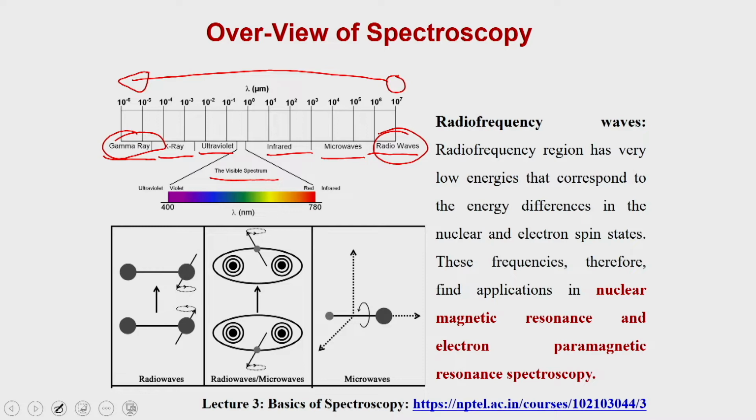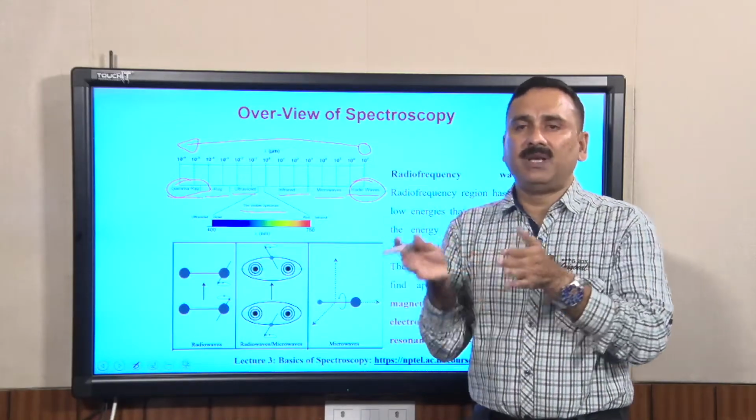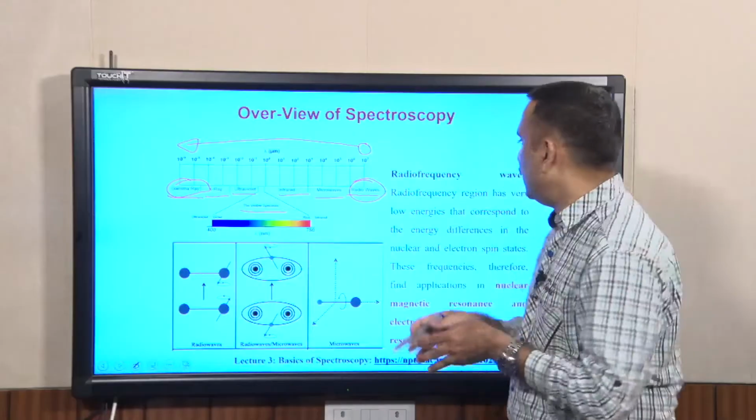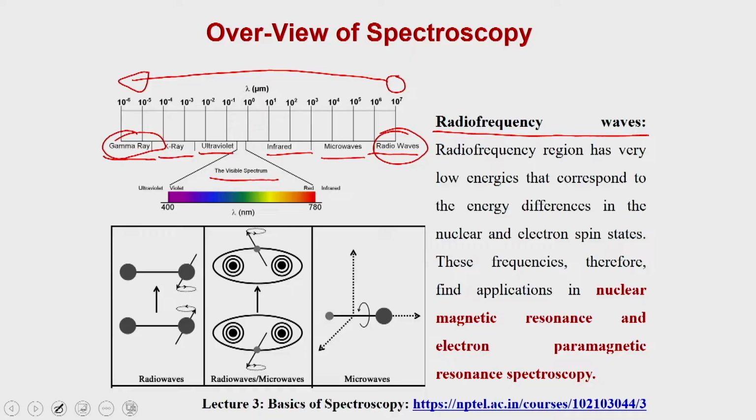All these different radiations can be used to map the different molecular processes happening within the molecules. The first can be mapped with the help of the radio frequency or radio waves. The radio frequency region has very low energy that corresponds to the energy difference in the nuclear and the electronic spin states.